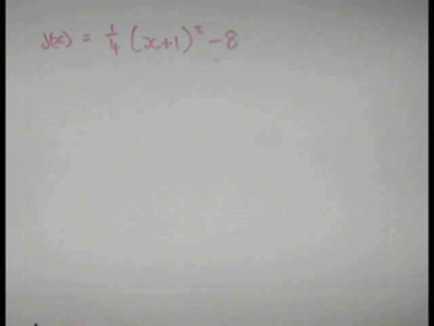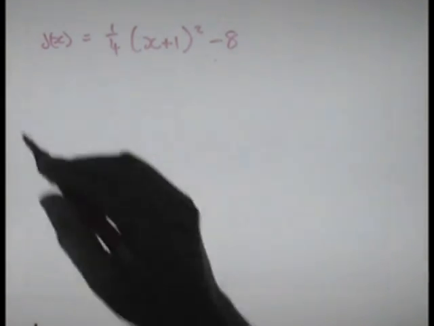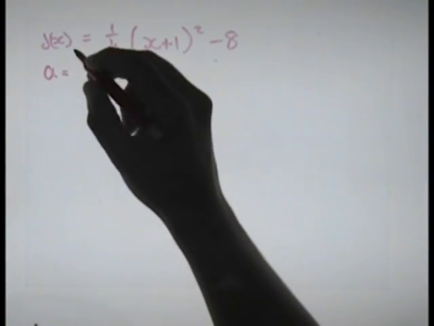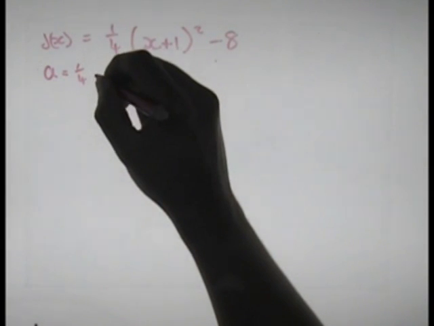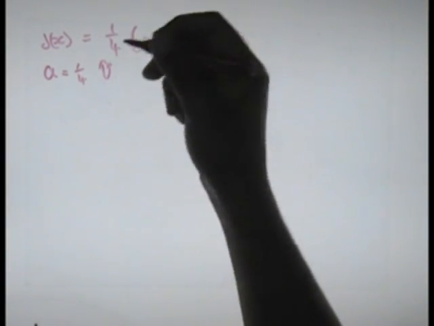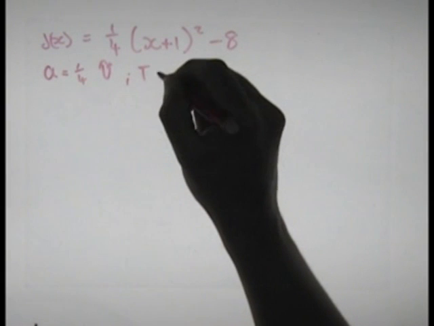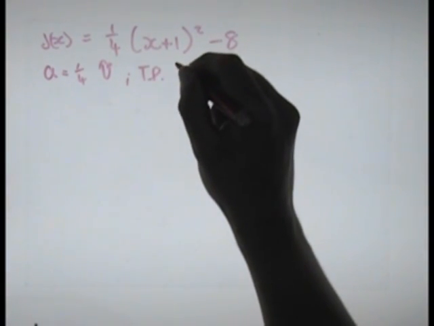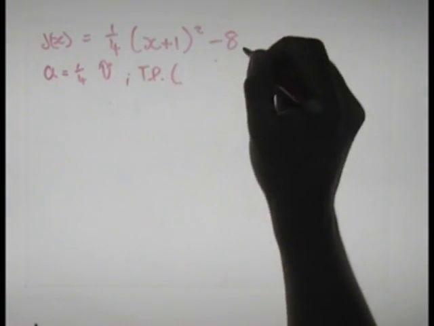The third one I gave you to do was j of x is equal to a quarter (x + 1)² minus 8. First thing I'm going to do, I'm going to look at my a value, which is 1 over 4, which means that my graph is the smiley face graph. Second thing, my turning point is going to be (p, q).